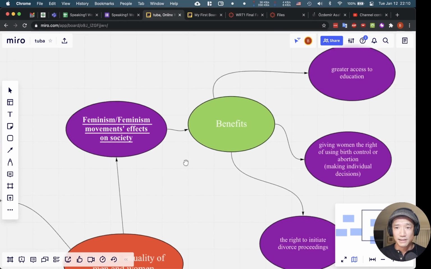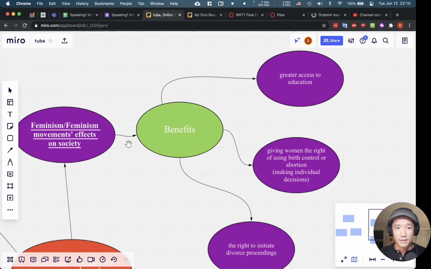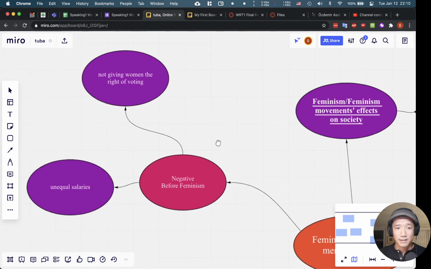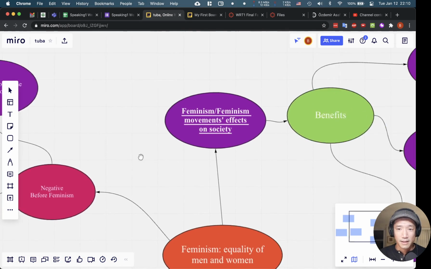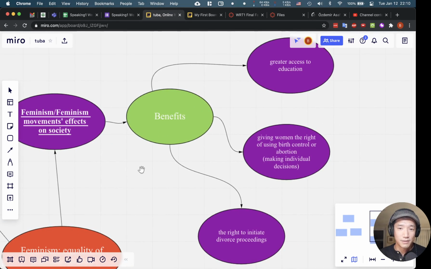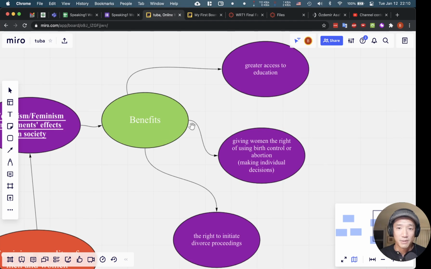So things that you see as benefits, you can throw into the benefits bubble. Things that you see like the negatives, the things before the feminist movement, you can start to put over here. And then by looking at this, you're able to determine, hey, maybe the benefits is the best thing that I can write about, because there's at least 3 things to talk about. You can only talk about 2 of those things, right? But it gives you the ideas to get started.